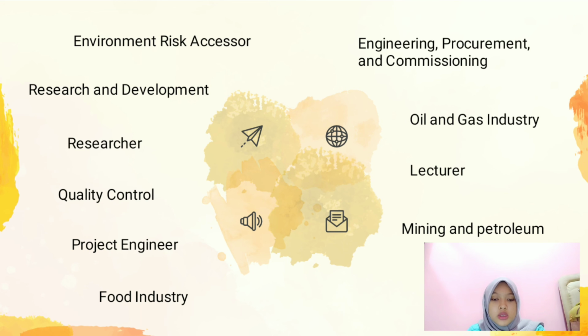Oil and gas industry. Oil and gas industry is the favorite of the majority of chemical engineering graduates because it's considered to provide high benefit both in terms of salary and also in terms of training. Lecturer and mining and petroleum.